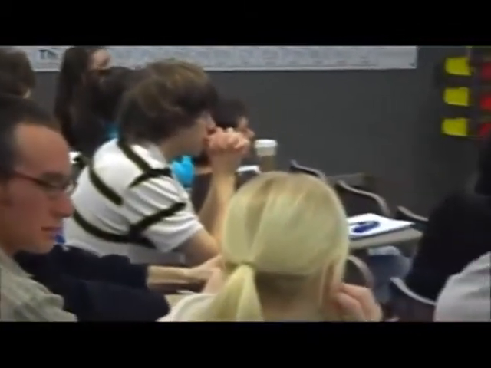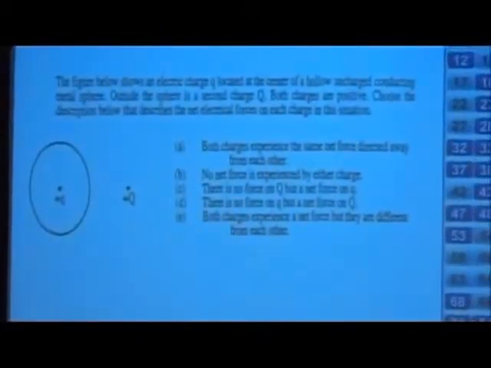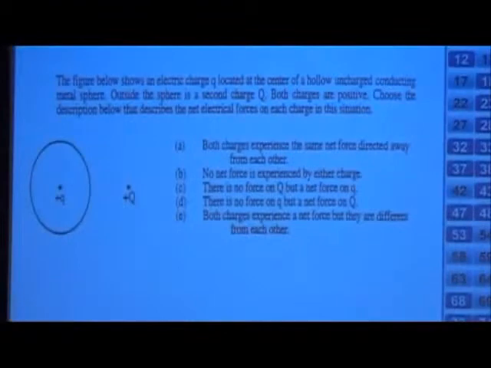Inside one of the sections. There's definitely no force on Q. There's no force on Q, but there's force on the big Q. 10 seconds.